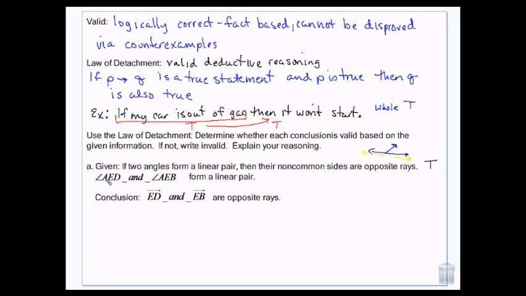Okay. Then we say angle AED and angle AEB form a linear pair. So if I draw that, oh, I typed that wrong. Sorry, that should be DEB.